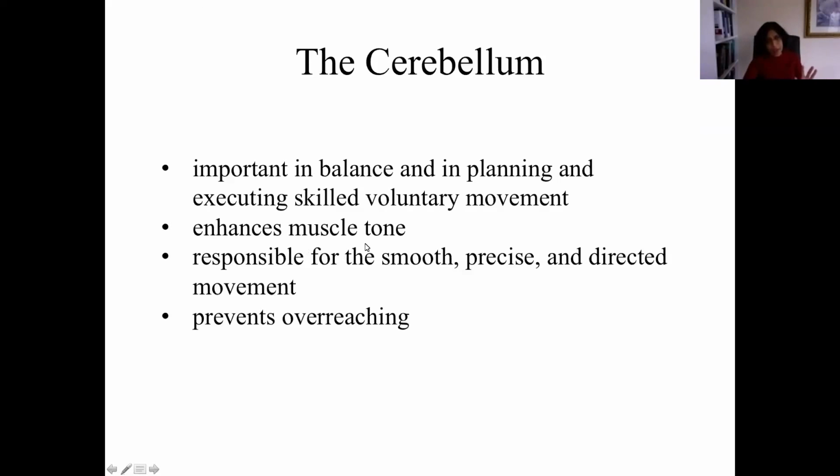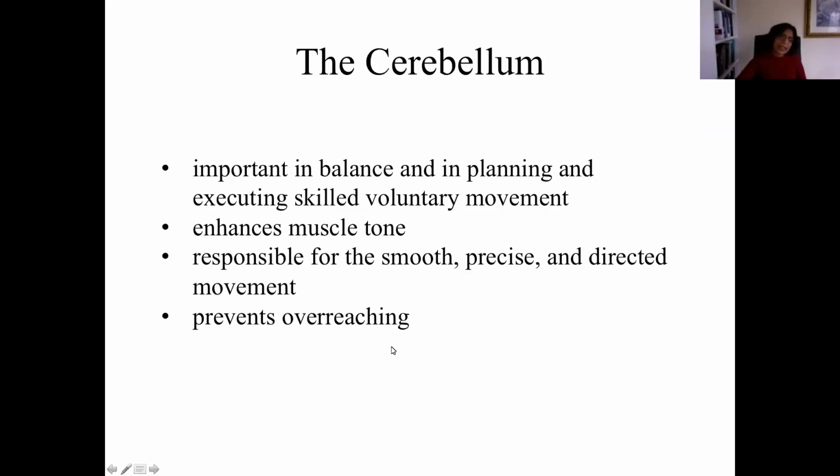Okay, muscle tone is regulated by the cerebellum, and then muscle tone is needed to assume posture, and then what else? A smooth, precise, directed movement. We have talked about that, and it prevents overreaching.